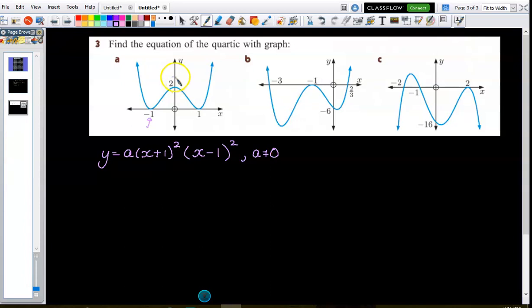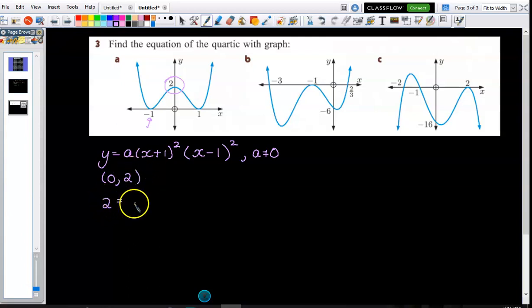Right? We've got this. What is that actually saying to you? Say it in a sentence, please. That the y-intercept is 2, so it's actually saying when x is equal to 0, y is equal to 2, so we're going to sub. So we've got this coordinate 0, 2.